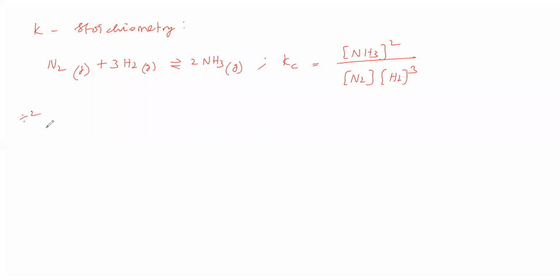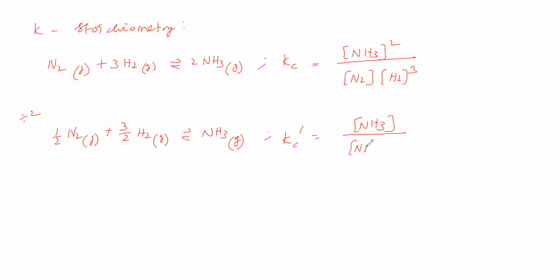Now let us divide the equation by 2. So we write 1/2 N2 gas plus 3 by 2 H2 gas gives NH3 gas. For this equilibrium constant, we write in the numerator the concentration of ammonia, whose stoichiometric coefficient is 1, and in the denominator N2 and H2.